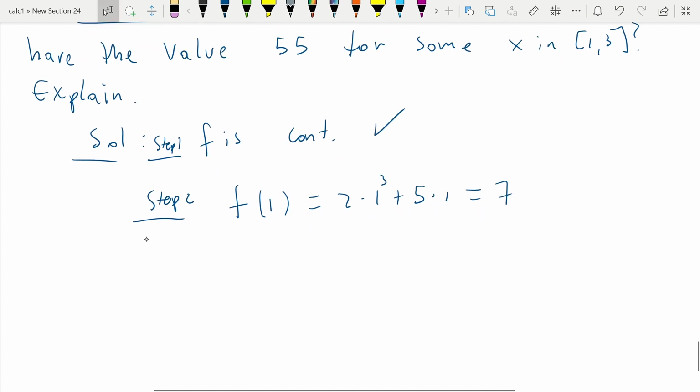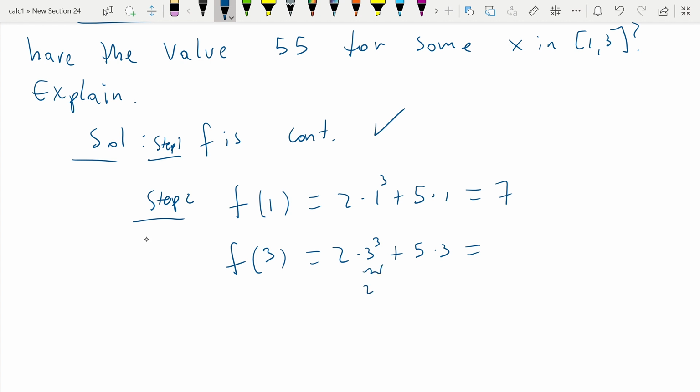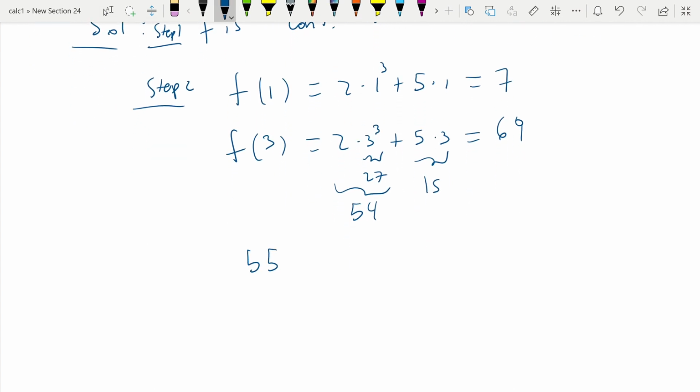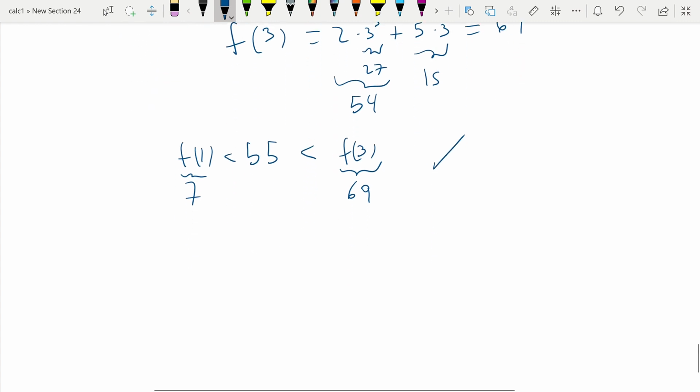What about f of 3? It's 2 times 3 cubed plus 5 times 3. 3 cubed is 27, so this is 54 plus 15. So that's 69. And 55 is in between f of 1 and f of 3. Remember, f of 1 is 7, and this is 69. So this also checks out.